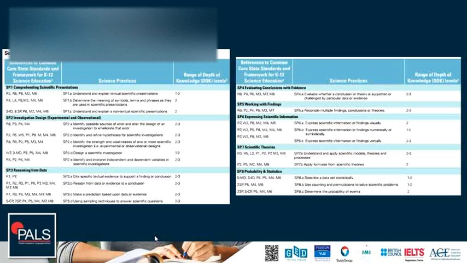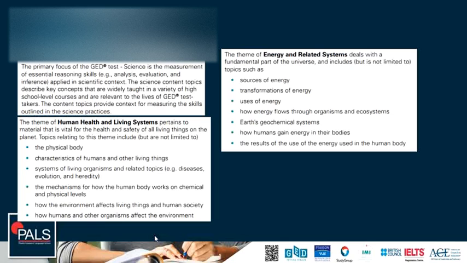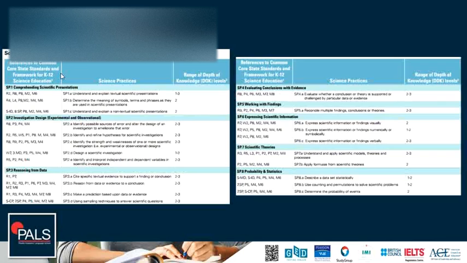Again, probably most importantly for the GED test, you will not have to memorize definitions of scientific terms and things like that, but most importantly, as it says here, the science test mainly focuses on measuring your essential reasoning skills.